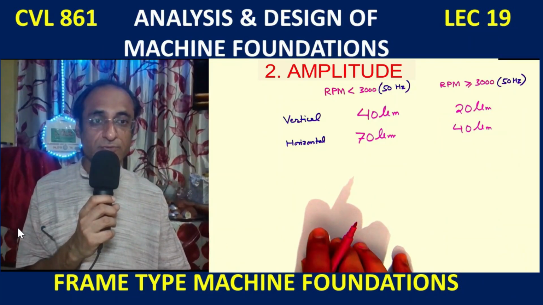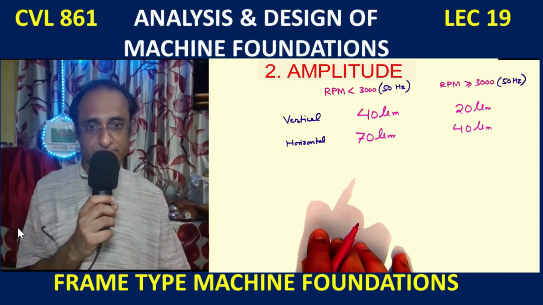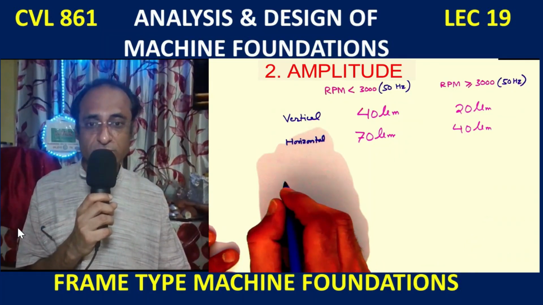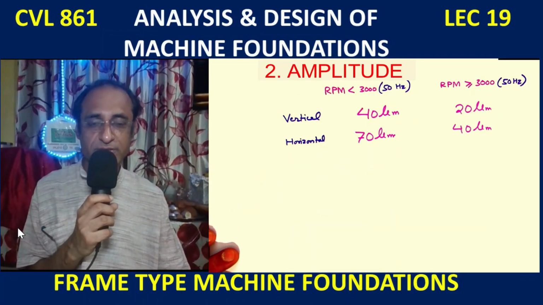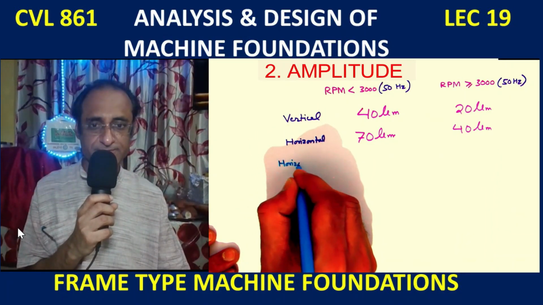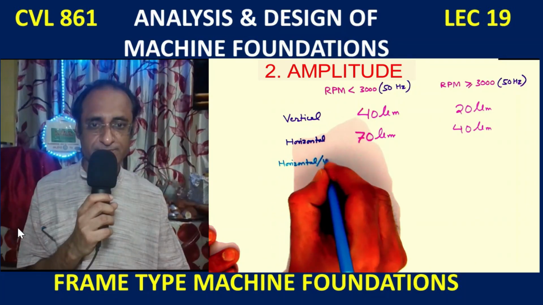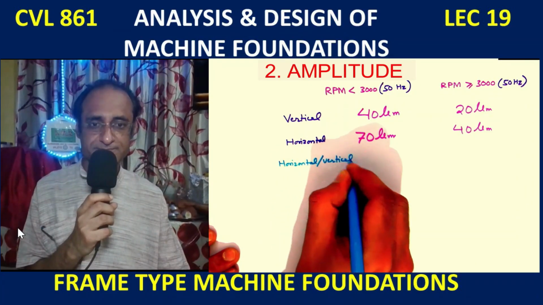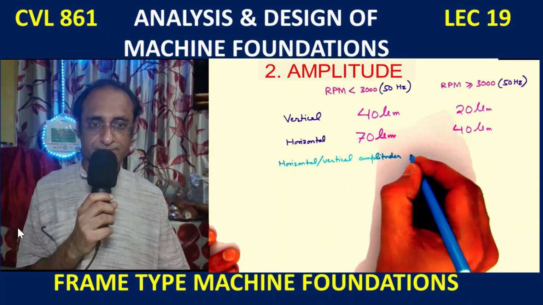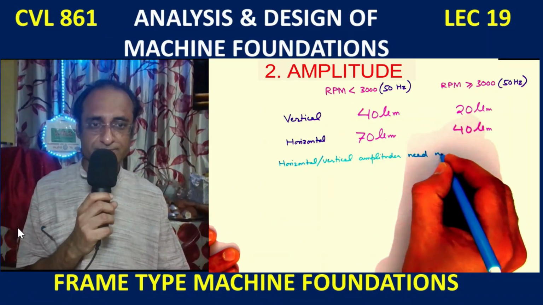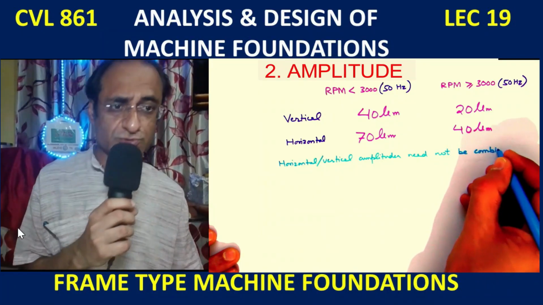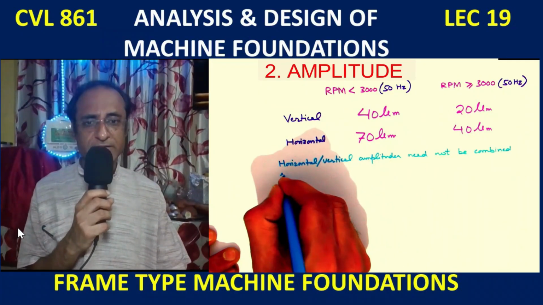So it's 20 microns and 40 microns respectively, the vertical and horizontal. It's also specified that we need not combine the vertical and the horizontal amplitudes because they occur independent of each other.